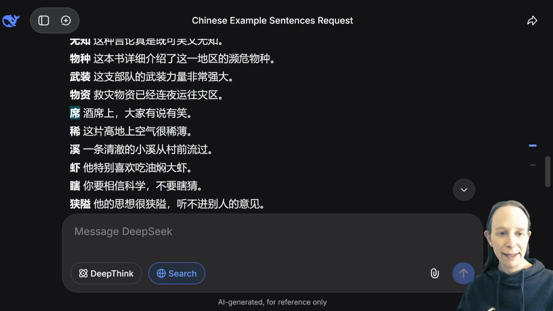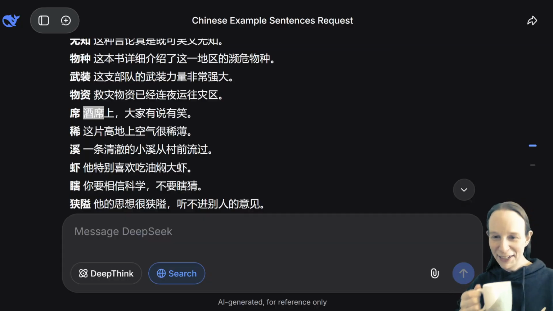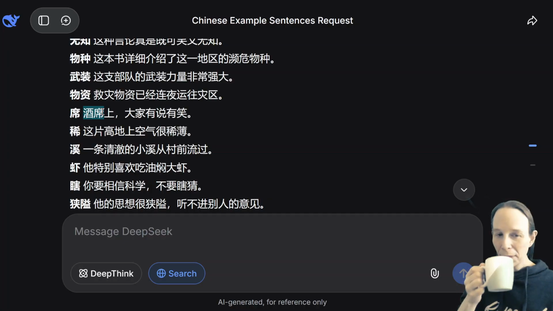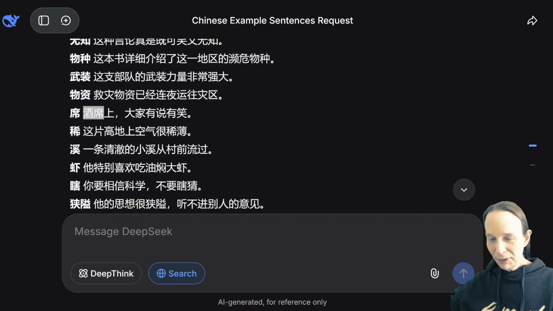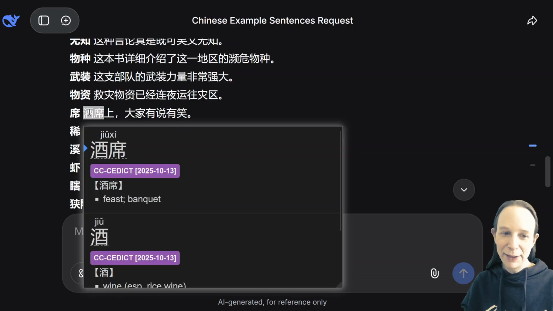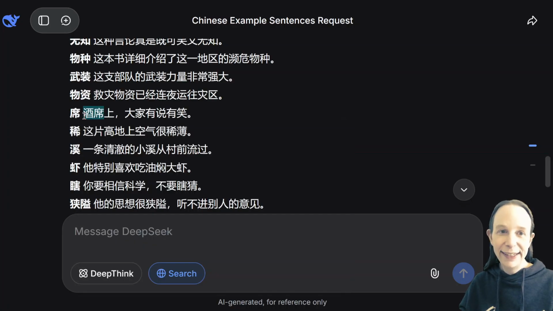Anyway. 酒席上大家有说有笑. Oh, I don't know this one. Okay, so 酒席. I'm expecting people are sitting around a table, eating dumplings and whatever, fried fish, roast fish, drinking their 酒, their 白酒. 酒席.